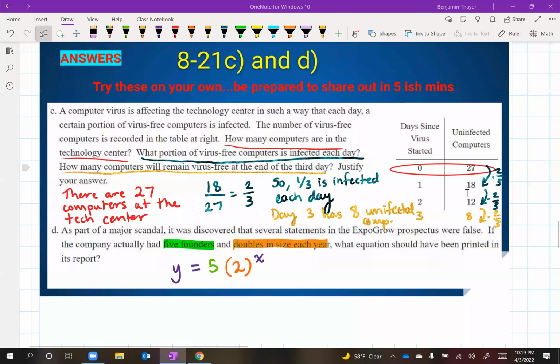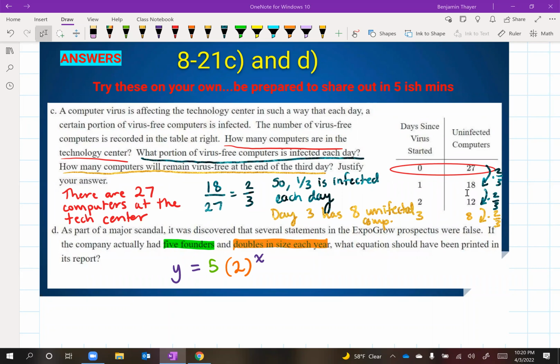All right, let's take a look and see how you did at 21C and D. The first question in C was how many computers are in the technology center? Well, that would be where you start at day 0. There are 27 uninfected, so that's how many computers there are to begin with. The next question, what portion of virus-free computers is infected each day? The population of uninfected computers is decreasing, right?